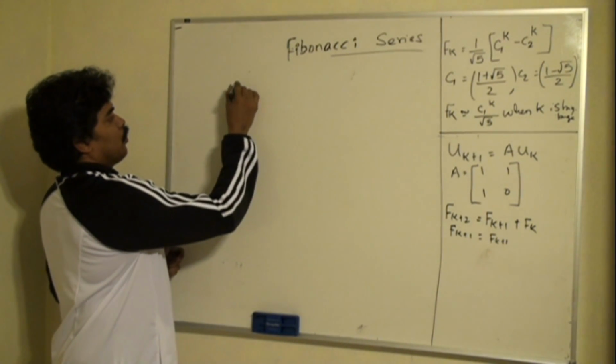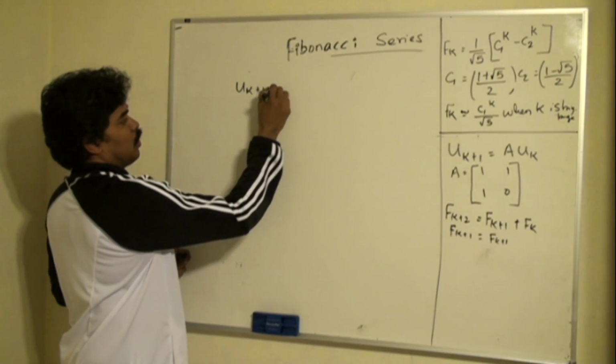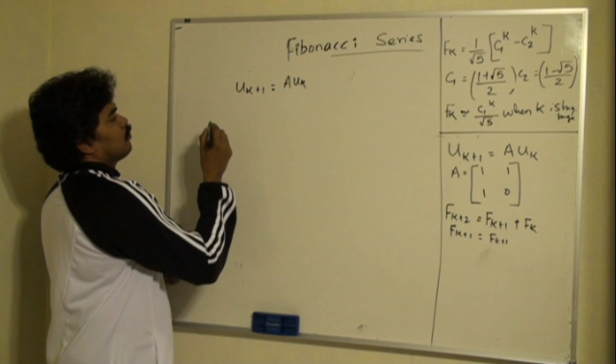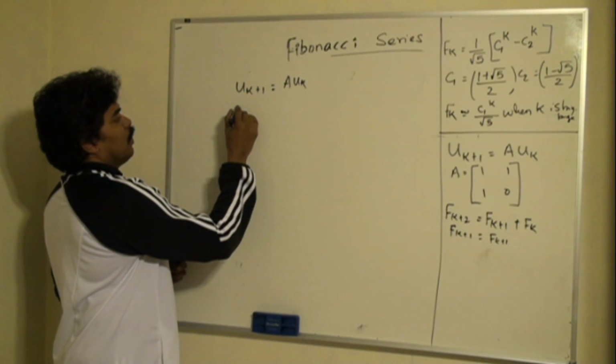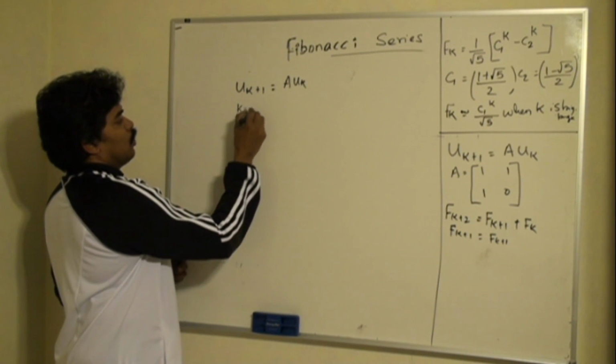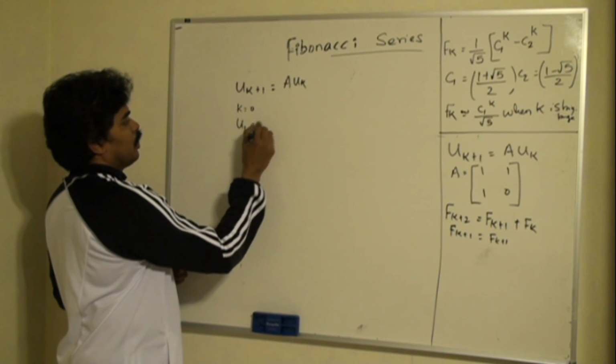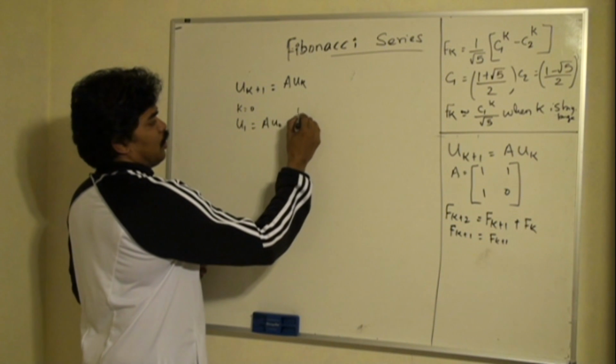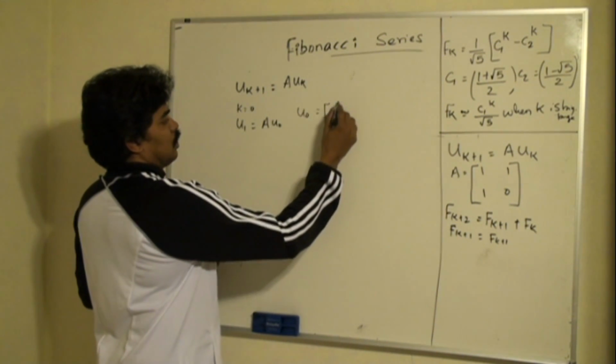Let's take uk plus 1 is equal to A uk. When k is equal to 0, that means u1 is equal to A u0. So what is u0? It is nothing but the first elements.